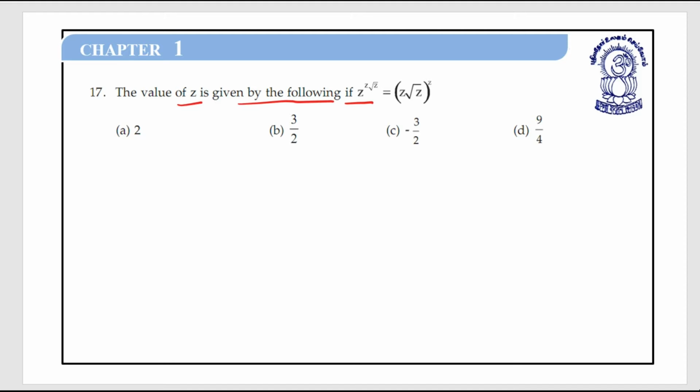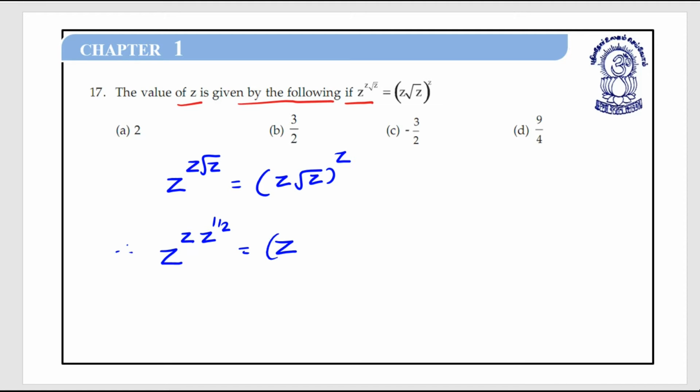So here, instead of under root z we can write 1 by 2. That is equal to z into z raised to 1 by 2, raised to z.